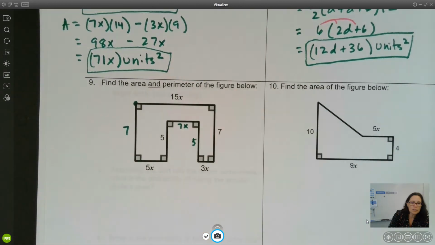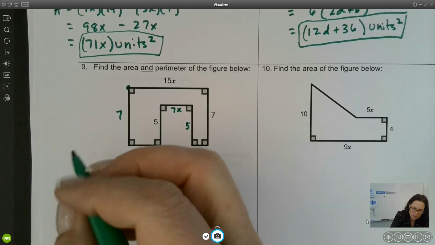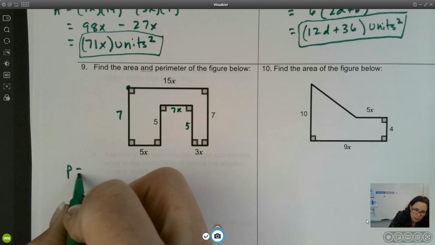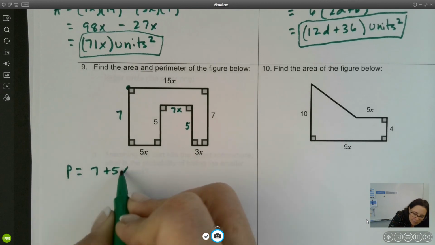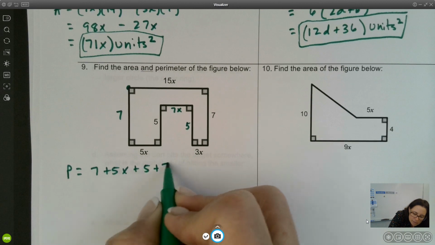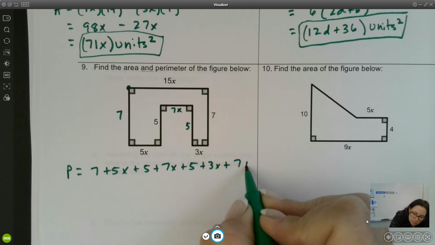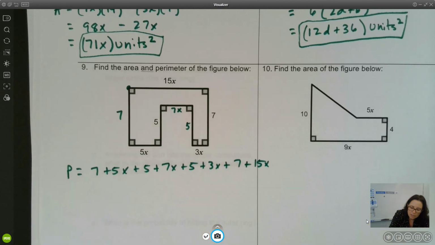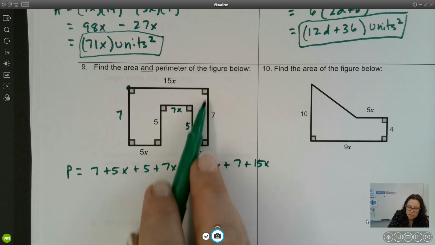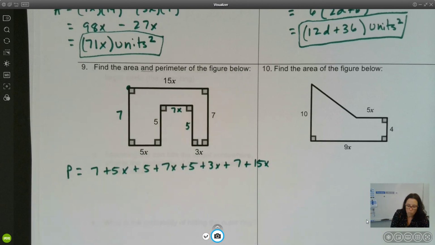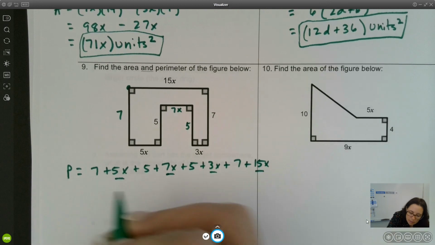All right, let me start right here. I usually mark where I start because otherwise I'll forget, like, did I start there by the time I get all the way around for perimeter. All right, 7 plus 5x plus 5 plus 7x plus 5 plus 3x plus 7 plus 15x. Okay, so I started here, added this, this, this, this, this, this, this, and this. Big. Okay, so let me underline the terms with the x's.